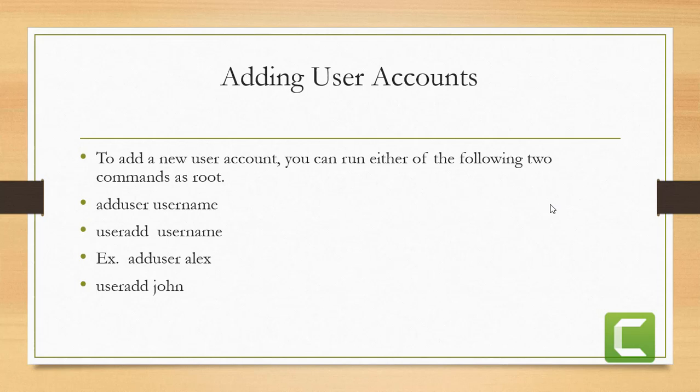So adding a user account. To add a new user account you can run either of the following two commands as root: adduser and space username, or useradd username. For example, adduser Alex. Yeah, you can run useradd John.